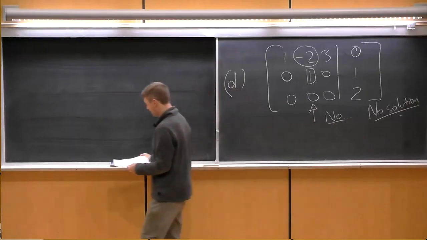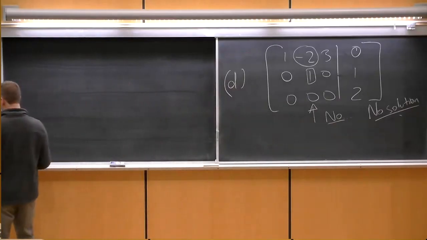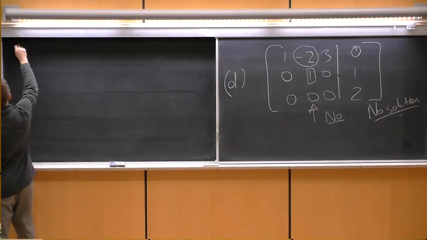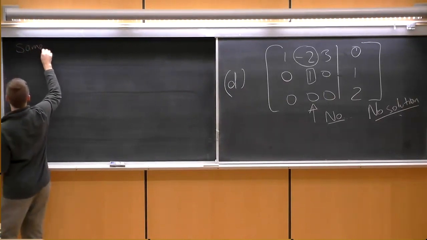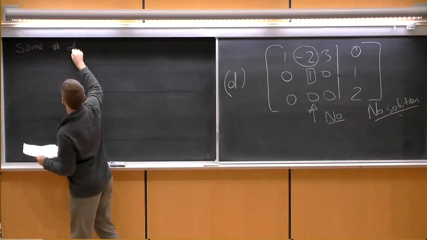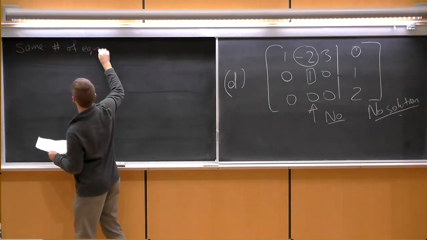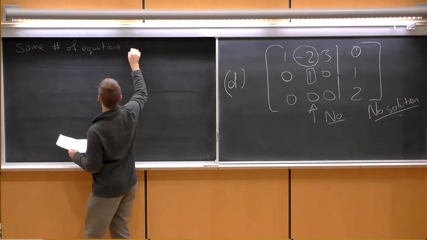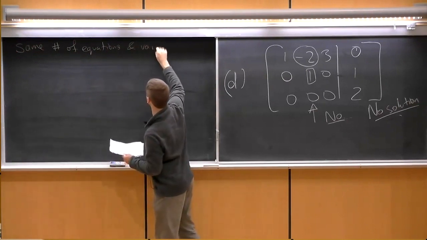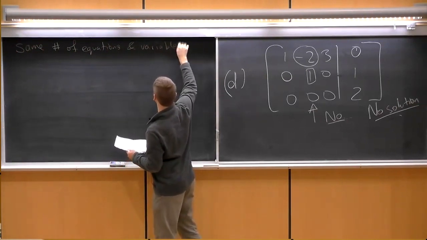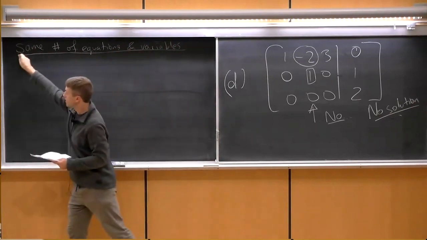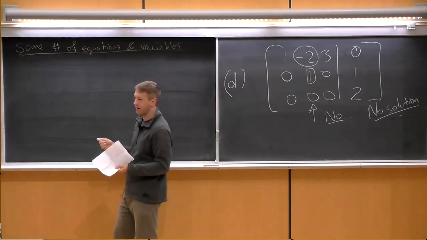So let me just say, if you have the same number of equations and variables, there are three things that can happen.